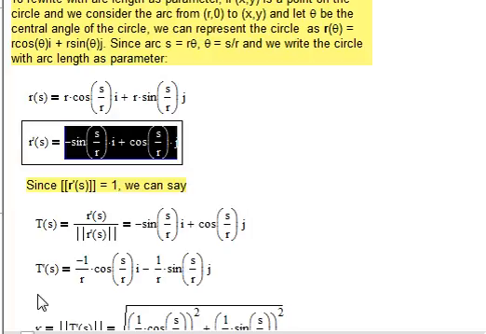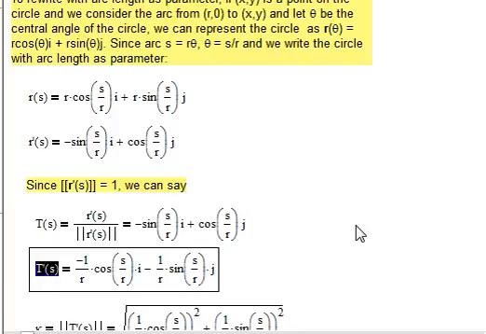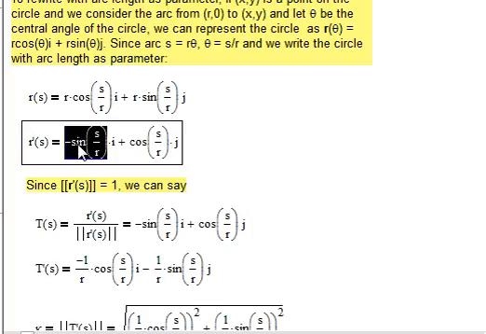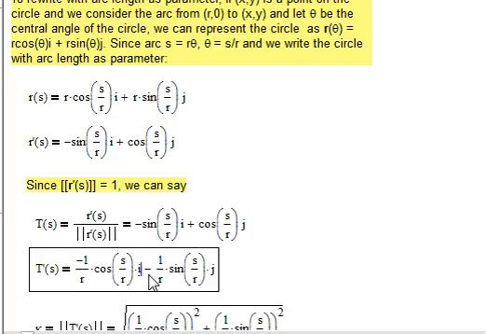And then T prime of s, we need negative 1 over r times cosine of s over r. Do you see where that came from? That's the derivative of this function. Remember, again, we have to multiply by the derivative of the inside function, which is 1 over r. So that's where this came from. That times i. Similarly, this times j.